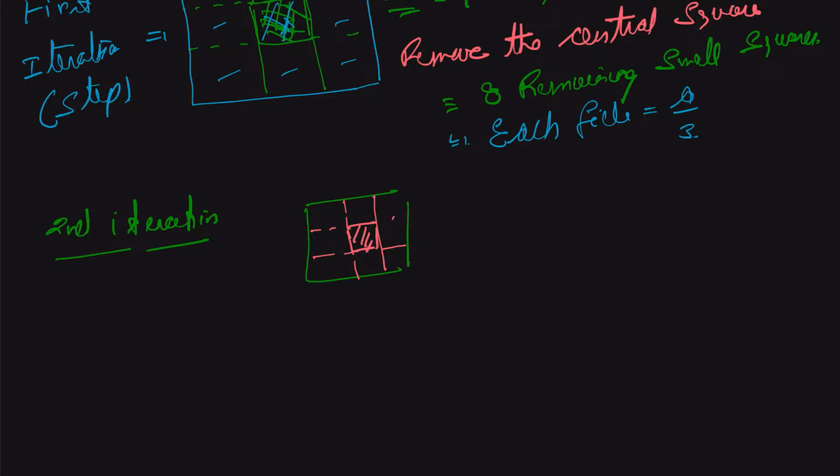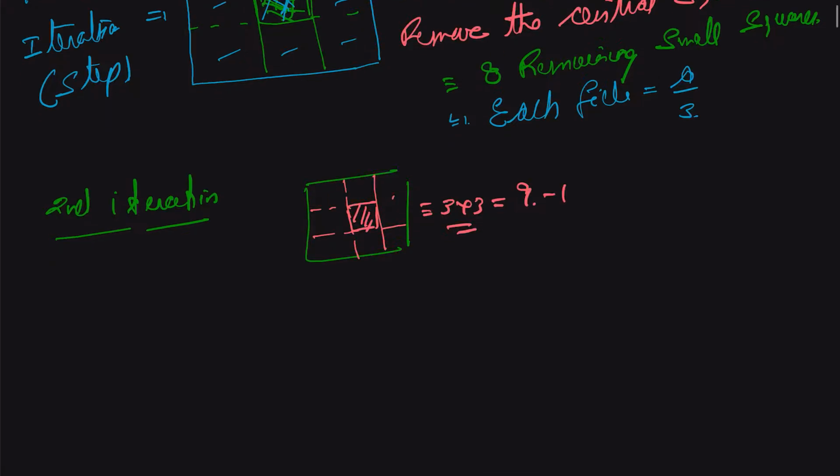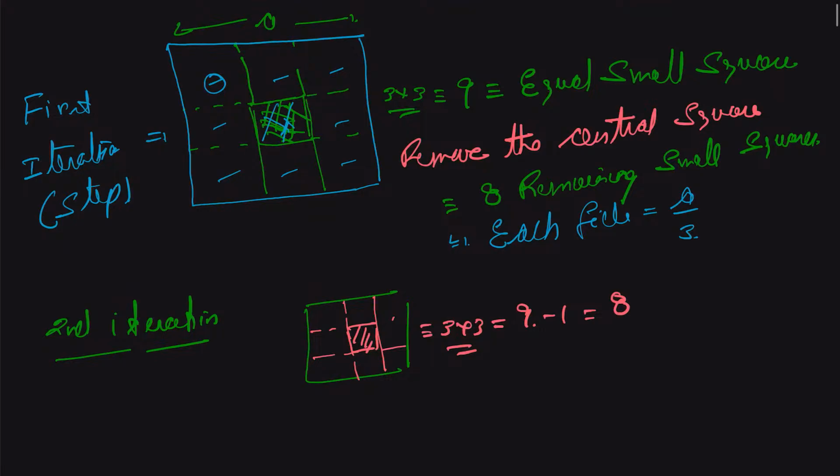And once again this will be our 3 by 3 grid, so obviously there will be a total of 9 squares, and if we remove 1 we are left with 8. Okay, so we are left with 8 small squares per parent square. So we can call these parent square 1, parent square 2, parent square 3, parent square 4, parent square 5, 6, 7 and 8.